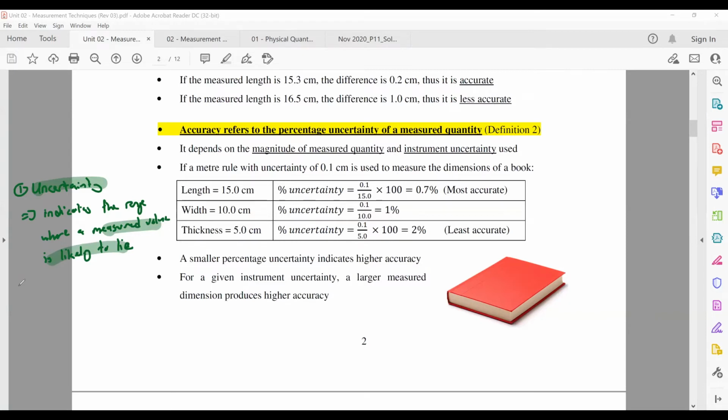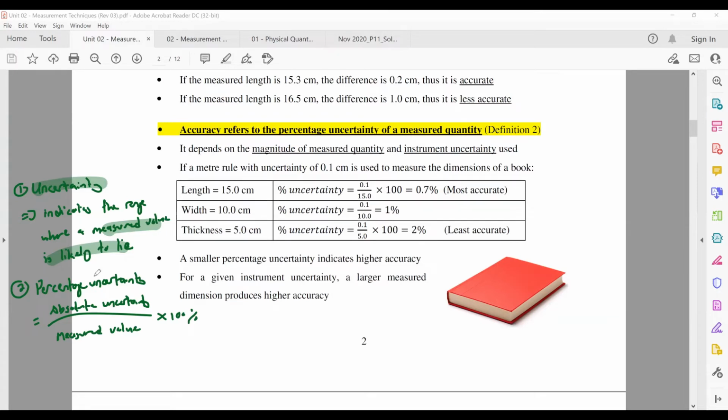And then after that, when we're talking about percentage uncertainty, just take percentage uncertainty as your absolute uncertainty divided by your measured value times 100%.